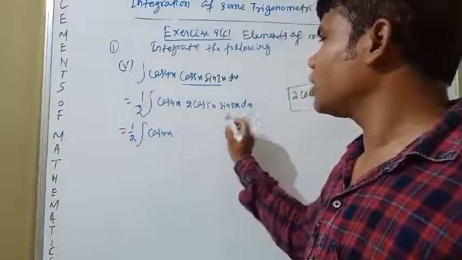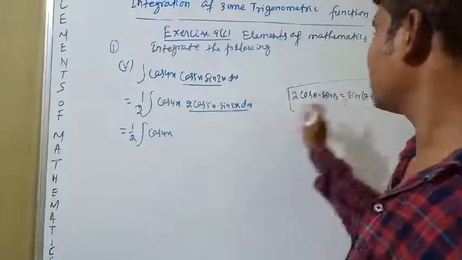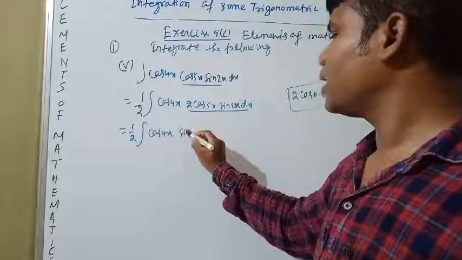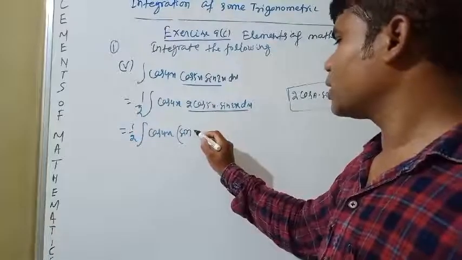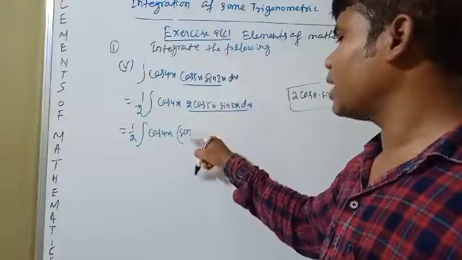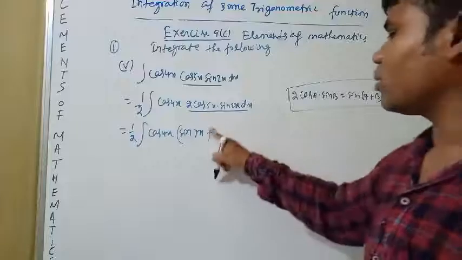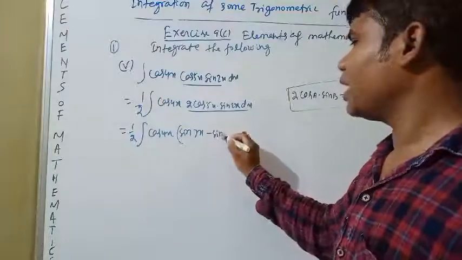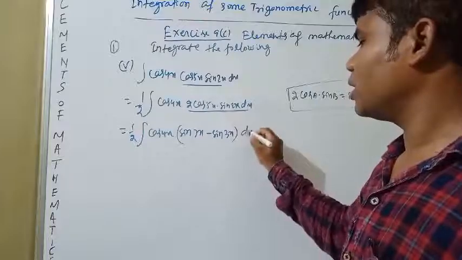Here you see how much this is equal to. Sin(A plus B), that is 5x plus 2x, directly I can write 7x, minus sin(A minus B), 5x minus 2x, that is 3x, dx.